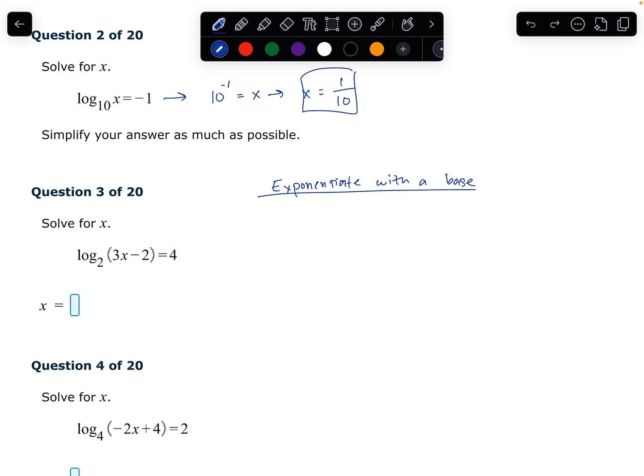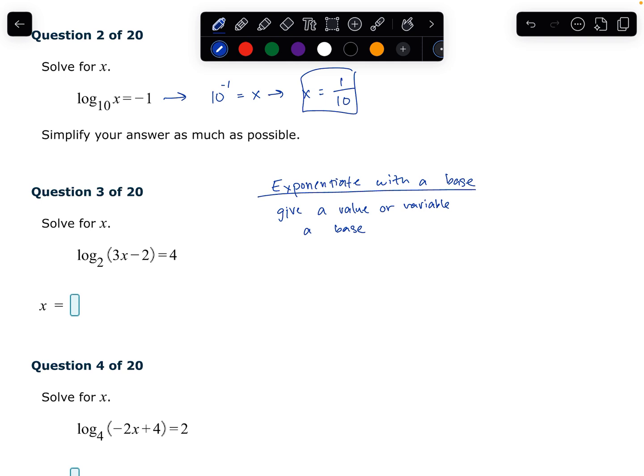Exponentiate means to give a value or variable a base.